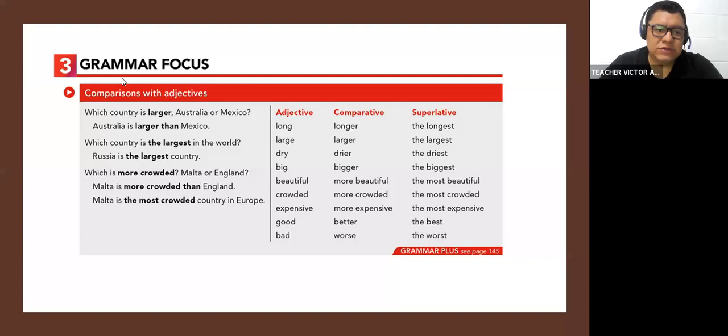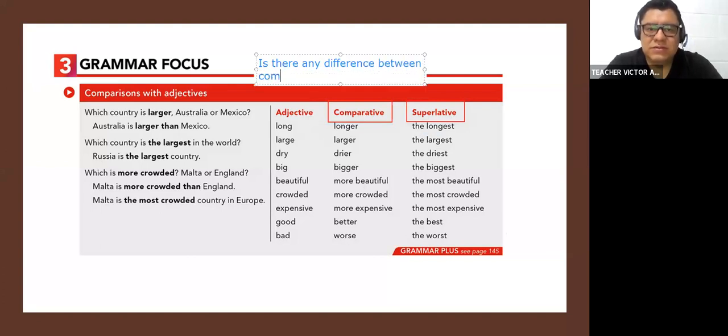Reason number 1, comparatives. Reason number 2, superlatives. Now, my question for you is, is there any difference between comparatives and superlatives? Are they different or are they similar or the same?